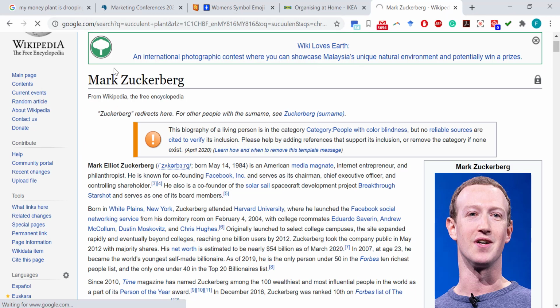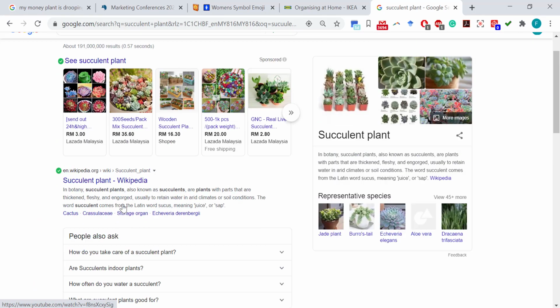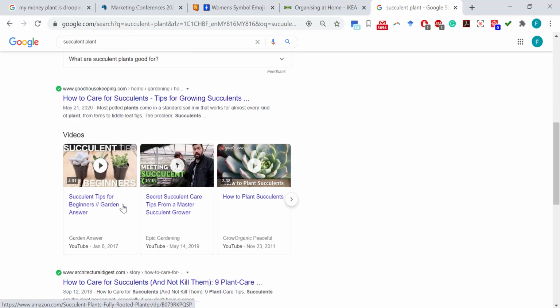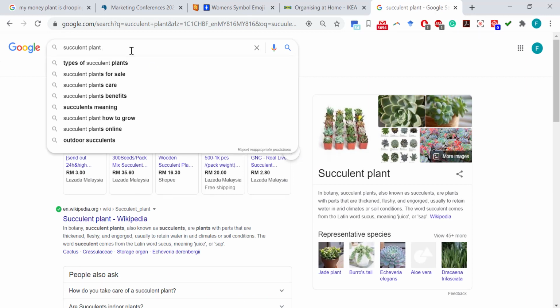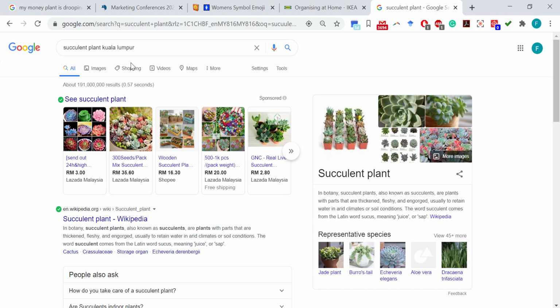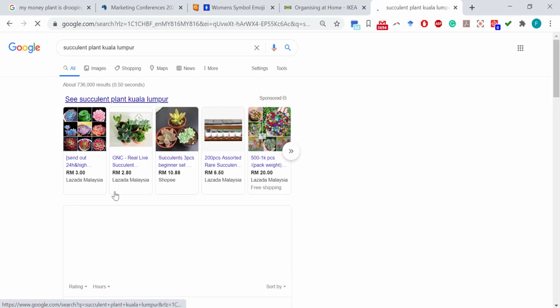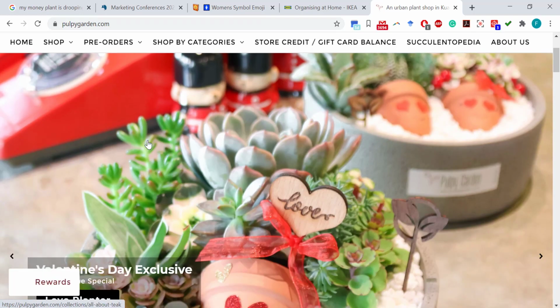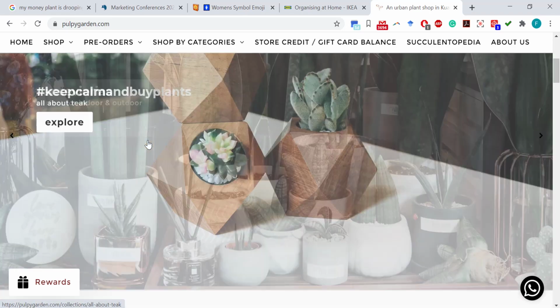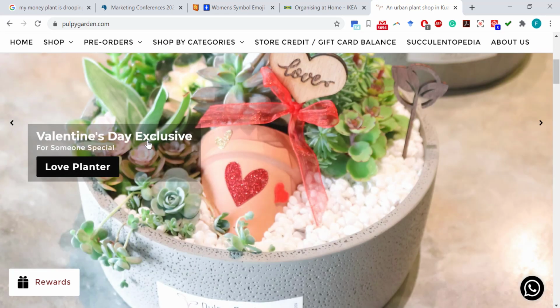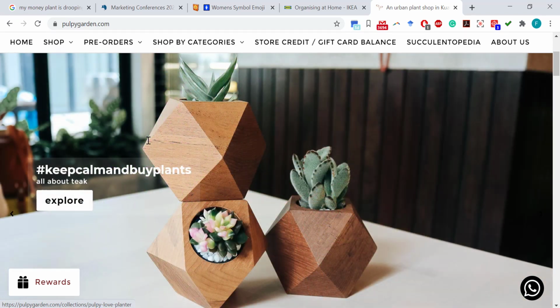This is actually a hobby of people, and then they change it into a business. Kuala Lumpur, let's see one website for succulents. Urban plant shop. Even this shop is like a cafe, kind of urban thing. See how they change their hobby into a business, which is good because you have passion.